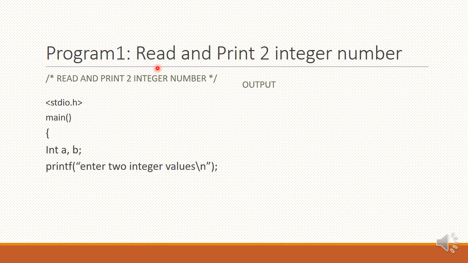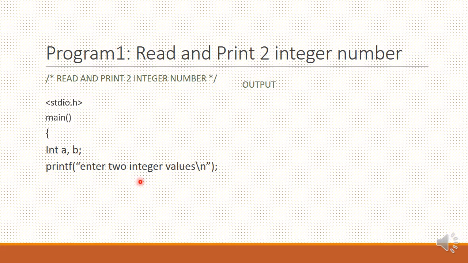Actually, here we are writing the program to read inputs, that means you are going to read the data from the keyboard. If I print a message on the screen, then we understand that the program is waiting for the input.